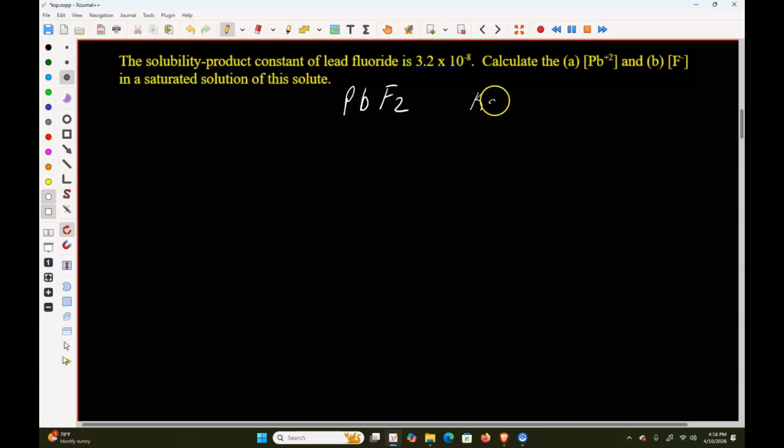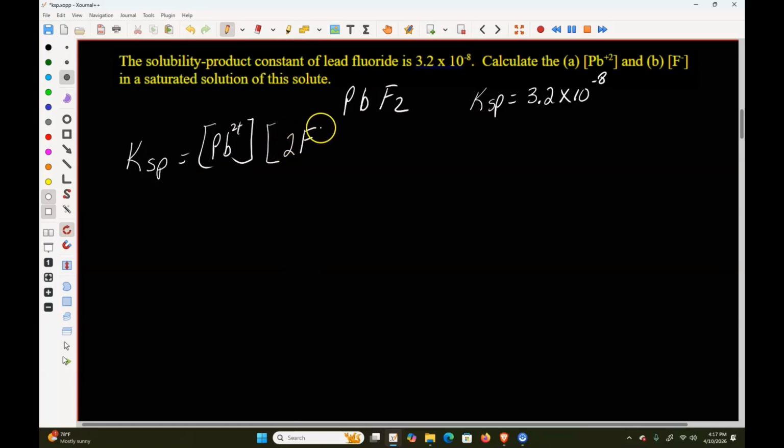We know the Ksp is 3.2 times 10 to the negative 8. So Ksp is equal to the Pb2+ concentration times, I have two F's here, I have to put a square there because there's two of those.